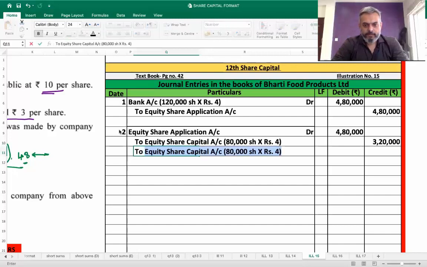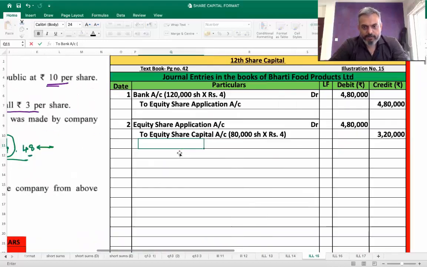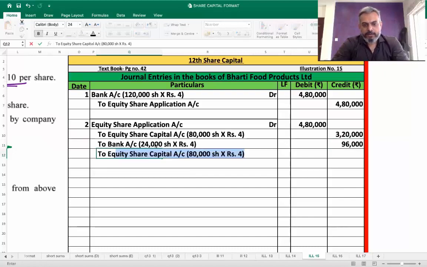Two, bank account, we rejected. So we rejected how many shares? We rejected 24,000 shares. So 24,000 into rupees 4, 96,000. And two, equity share allotment account. This is advance.